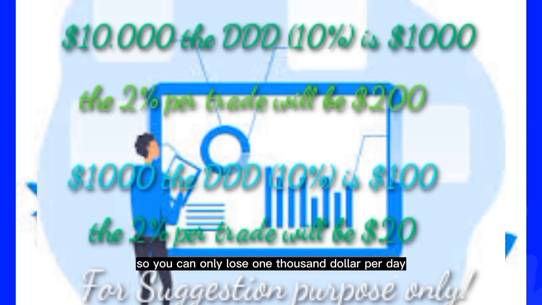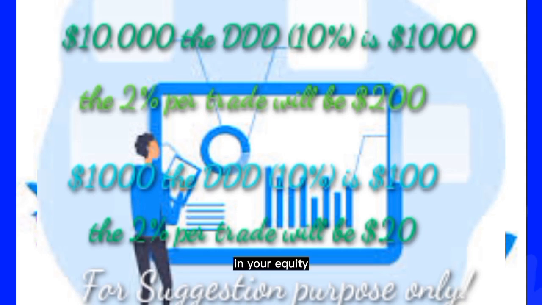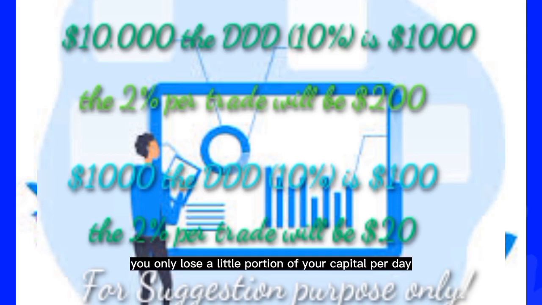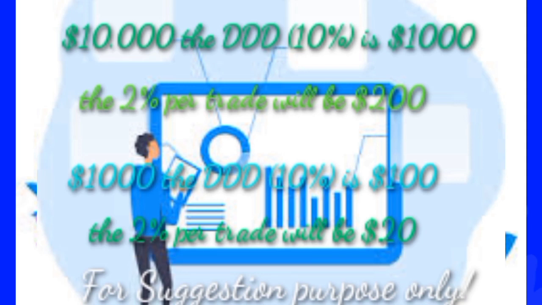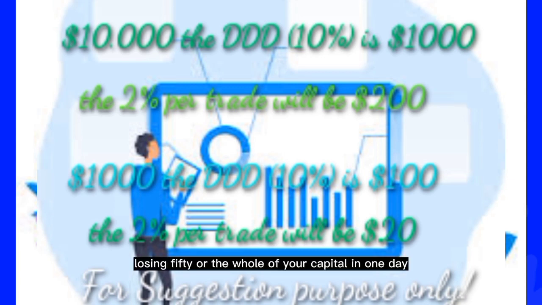So you can only lose $1,000 per day and still have remaining $9,000 in your equity, which means you only lose a little portion of your capital per day. You still have multiple chances of making it right the following days, other than losing 50% or the whole of your capital in one day, and you just remain on bench watching the game going on.